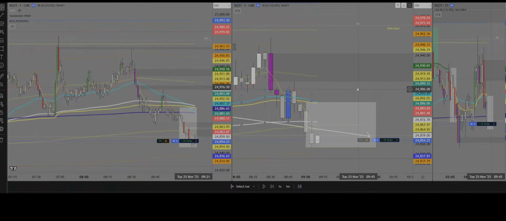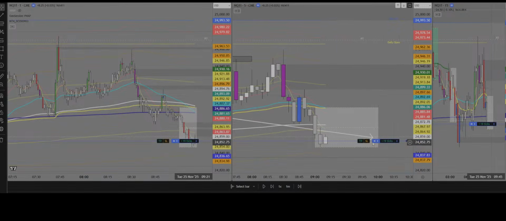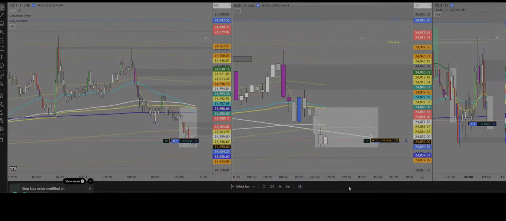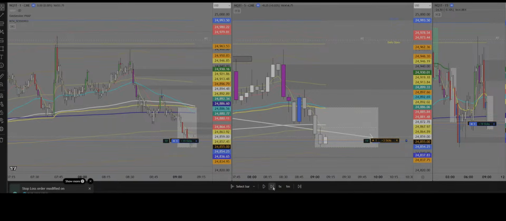No bottom wick on the 5. This looks like it could come down again. Yeah, I would be break even basically here.